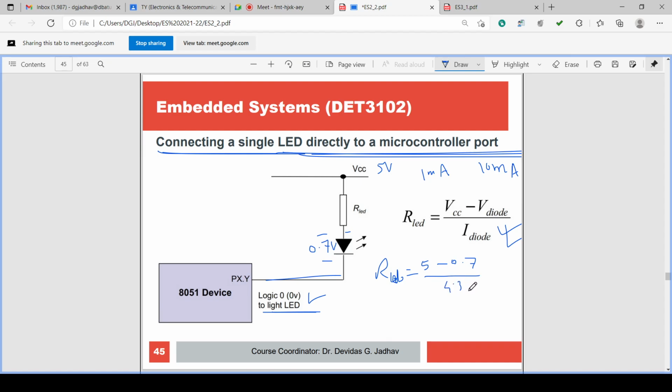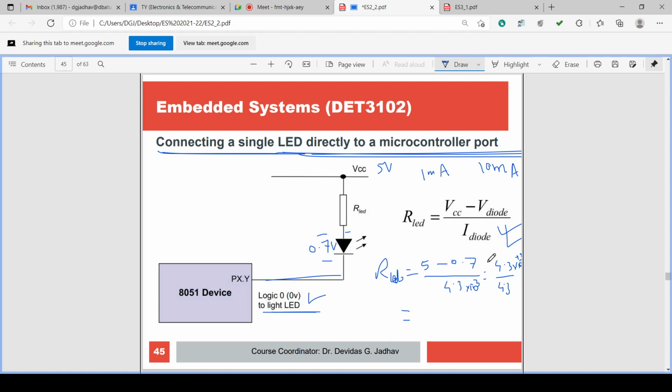We will take 4.3 volt, because this subtraction is coming as 4.3 volt. So this is 4.3 volt divided by 4.3 milliampere. Milli means 10 raised to minus 3. 4.3 milliampere, isn't it? Between 1 milliampere to 10 milliampere, 4.3 milliampere. So 4.3 divided by 4.3 into 10 raised to plus 3, because the denominator's 10 raised to minus 3 goes into the numerator as 10 raised to plus 3.